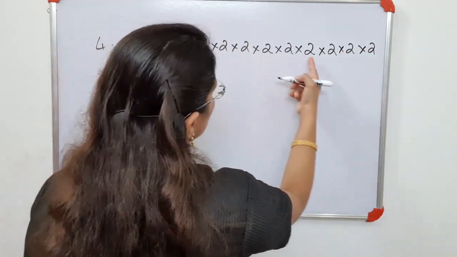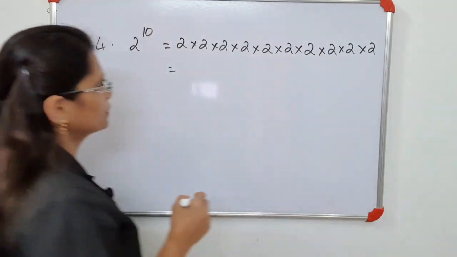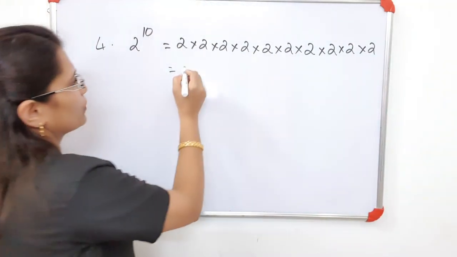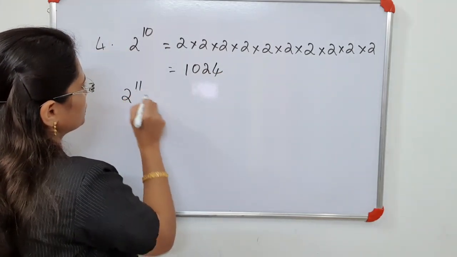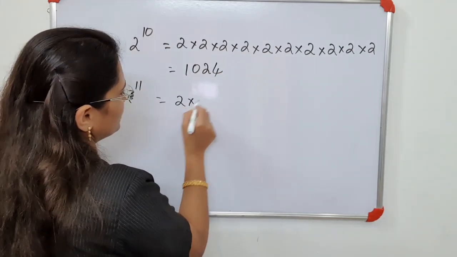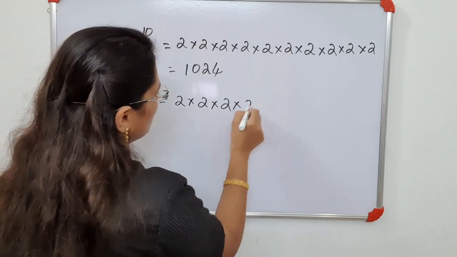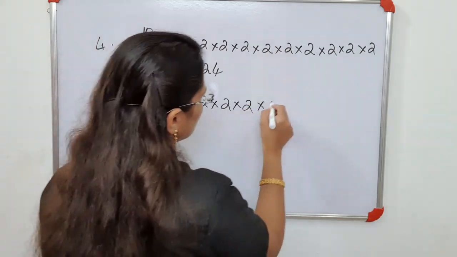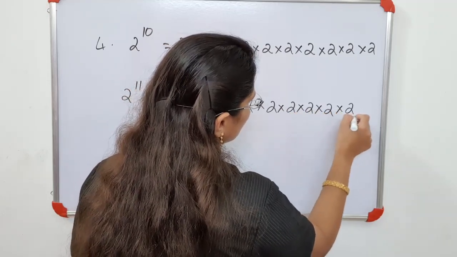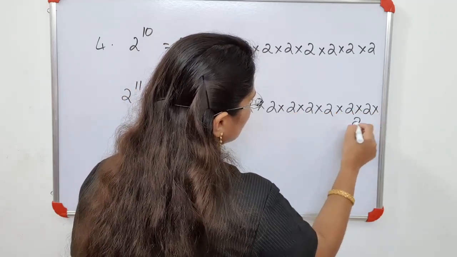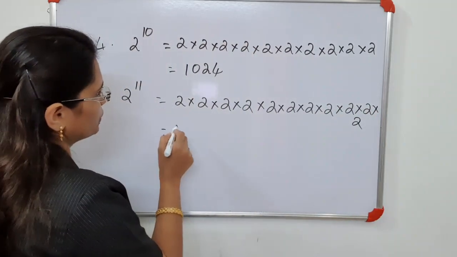You will get 1024. Then find out 2 raised to 11. So, 11 times you have to multiply. 11 times. So, is equal to 2048.